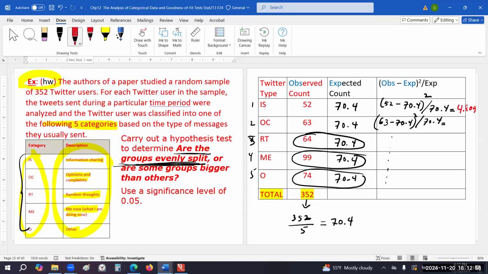Thank you, Fatima, Ilazi, Queenie. 0.778. The next one. 0.582. Then 11.618, and you have the last one. 0.184.